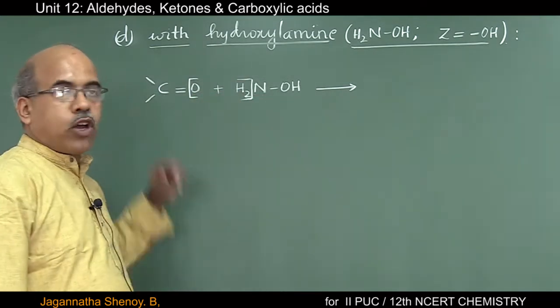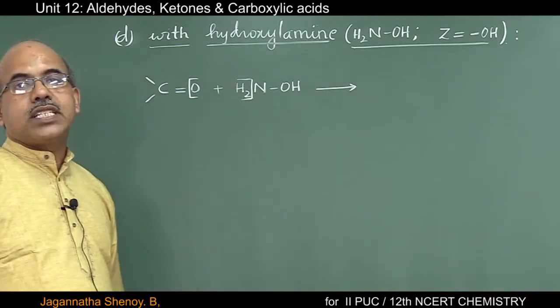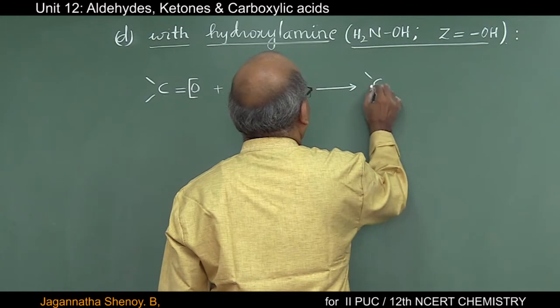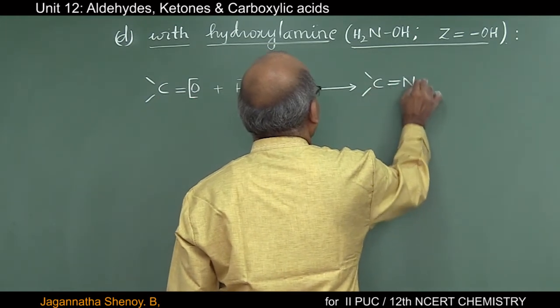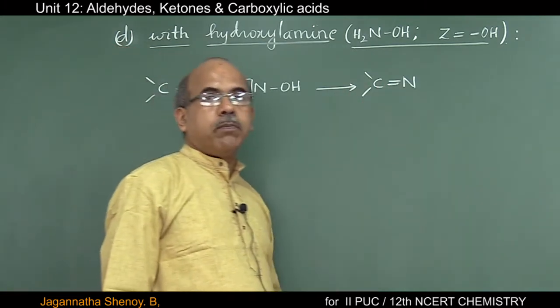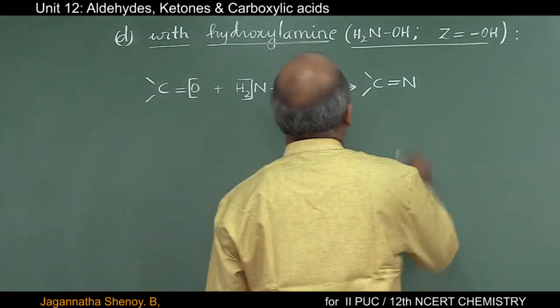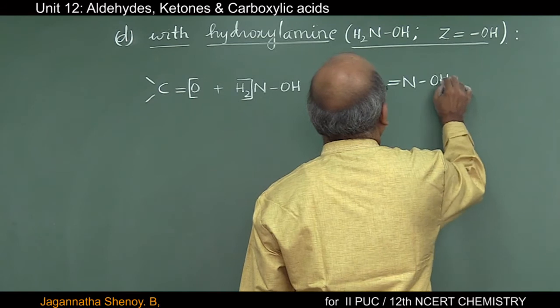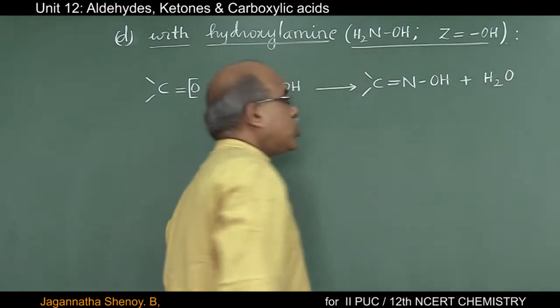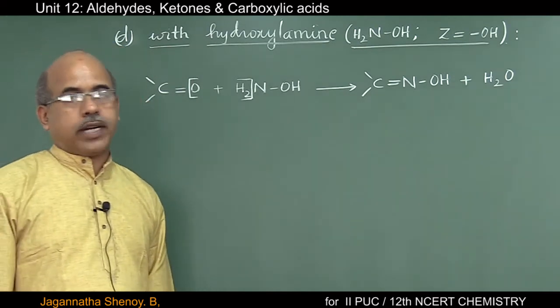Oxygen from the carbonyl group and 2 hydrogens from NH2 of the ammonia derivative must be removed. In the final product, we will have a carbonyl carbon followed by a double bond. Then we have nitrogen and then OH. So we get a water molecule as the byproduct.